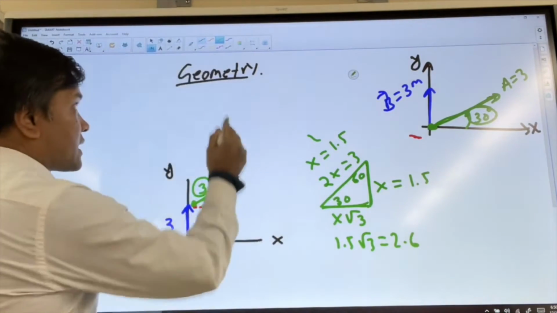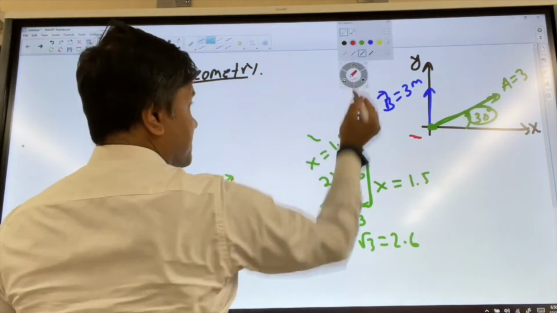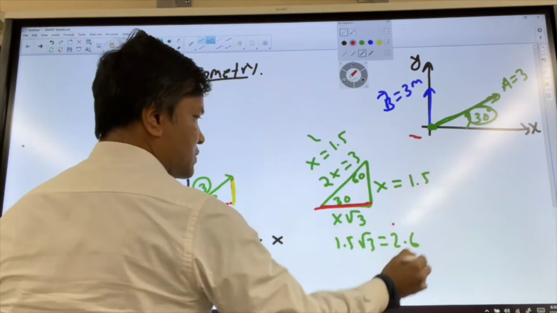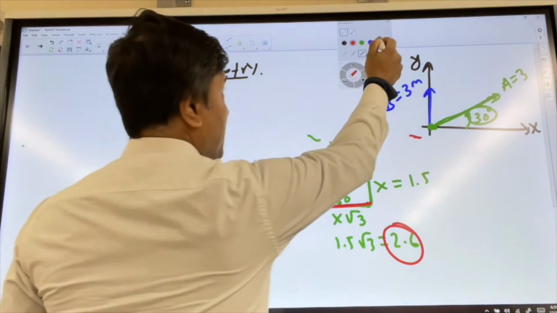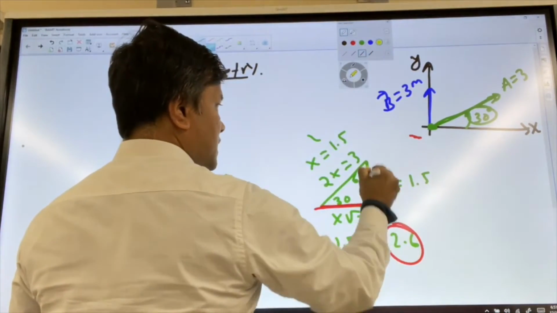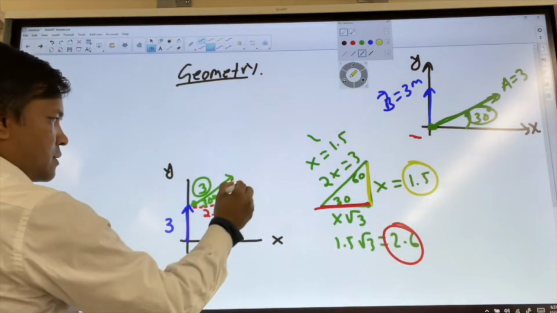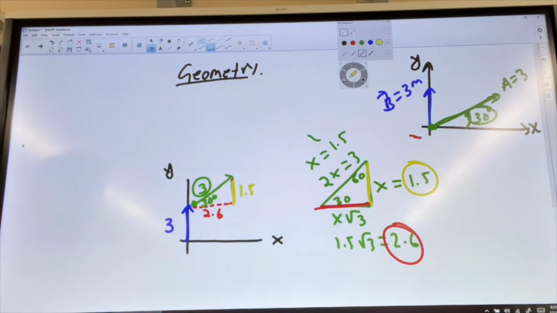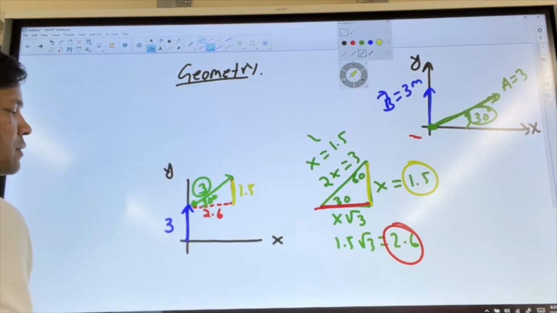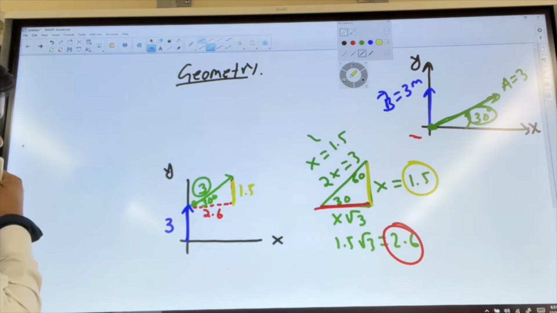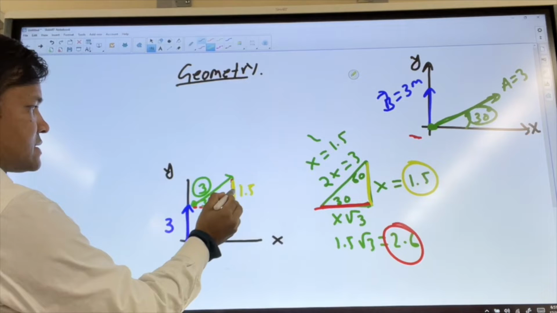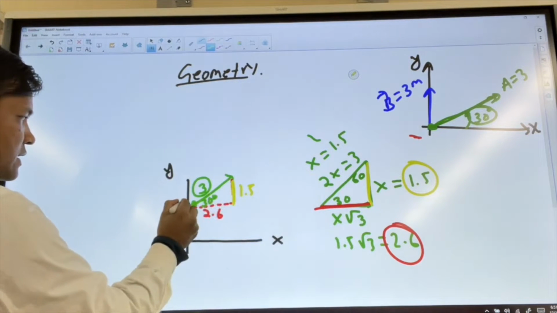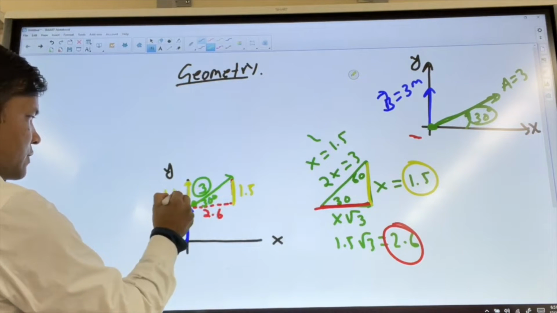So it seems like the red one is 2.6 and the yellow one is 1.5. Good, 2.6 and 1.5. Now how is that supposed to help me find it? This yellow one I can move over here, so I'm going to write 1.5.